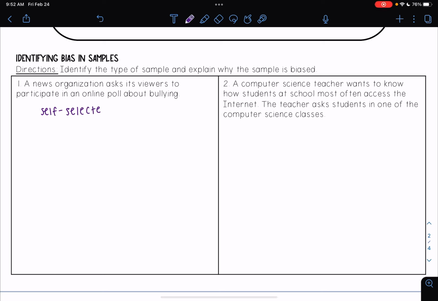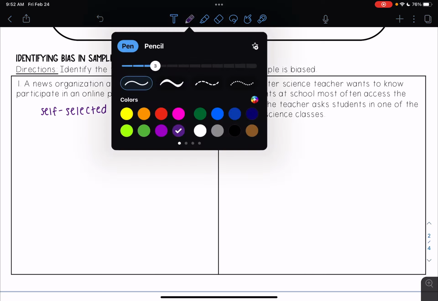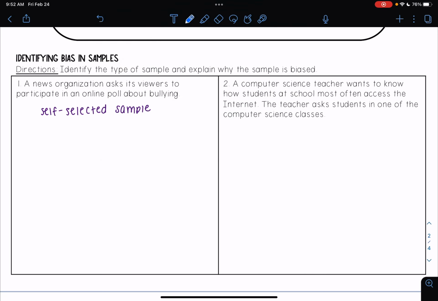Now I have to think, how can this be biased? Well, you can imagine that those that choose to answer the poll probably have a strong opinion about the subject of bullying.